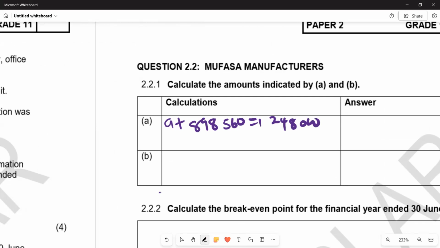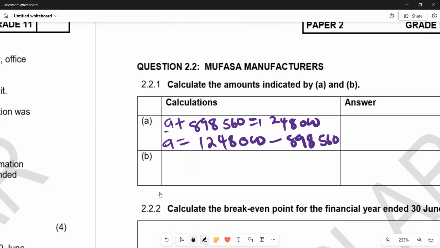We want to find A, so we make it the subject of the formula by saying A is equal to 1,248,000, and then we take 898,560 to the other side, so it becomes negative 898,560.